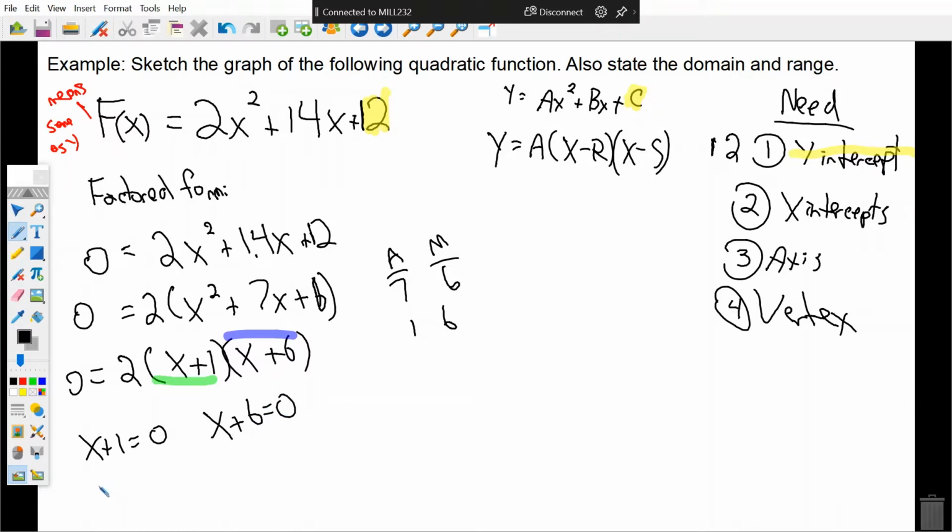So we solve for x on both. We'll get x equals negative 1, x equals negative 6. So now we have our x-intercepts: negative 1 and negative 6.